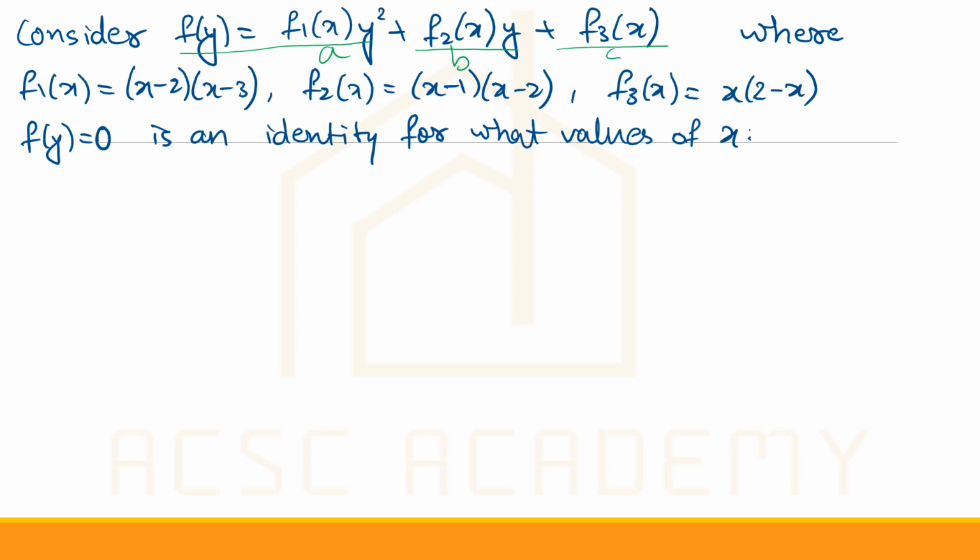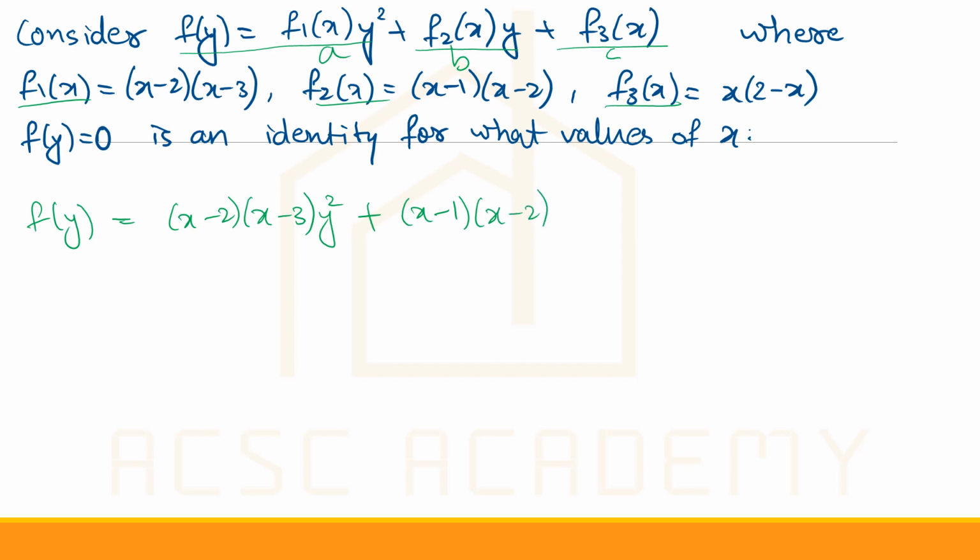So if we write it in the expanded form, because these functions have been defined over here, we will get f of y equal to, instead of f1 of x, we will write (x minus 2)(x minus 3) times y squared plus f2 of x, which means (x minus 1)(x minus 2) times y plus x squared minus x.